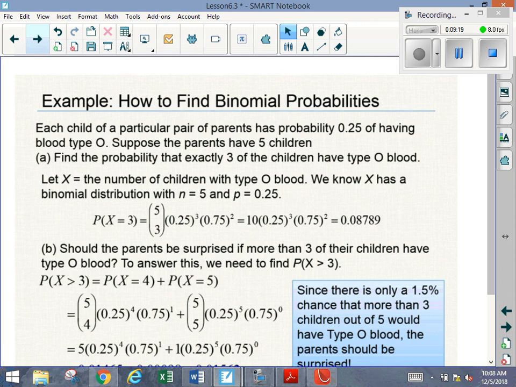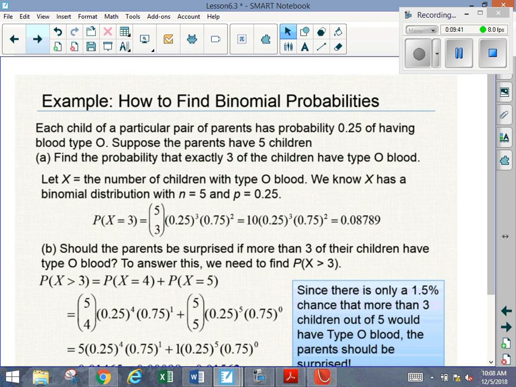And S is success: is the probability of success the same for each trial? Yes. Each time they have a baby, there is a 1 in 4 chance, or 0.25, of having a baby with type O blood. So we have checked it.